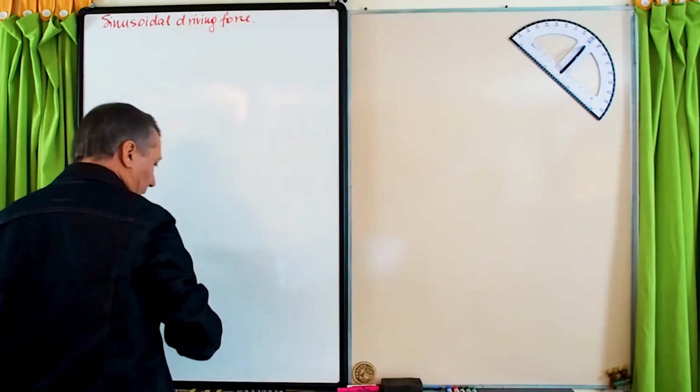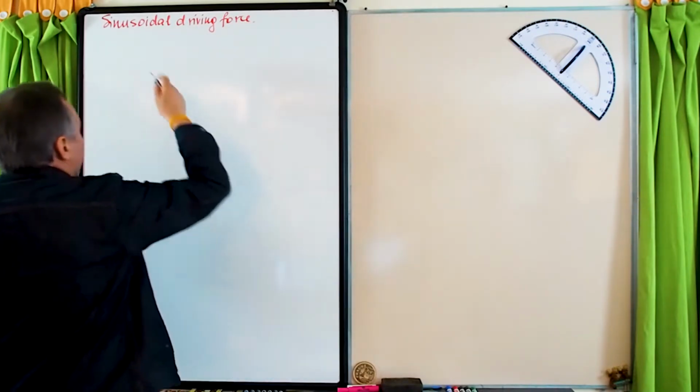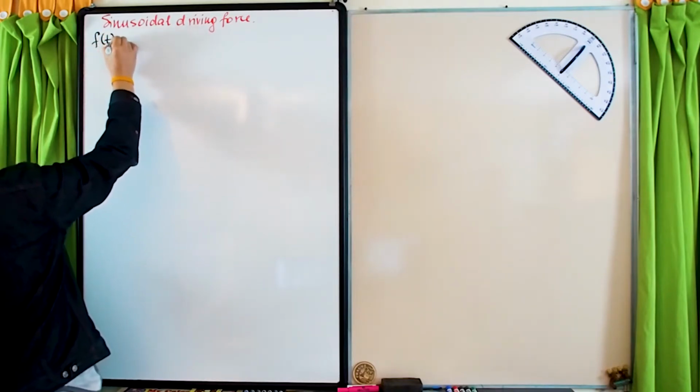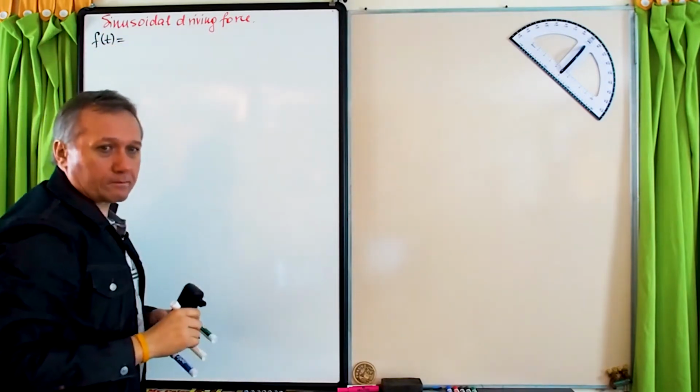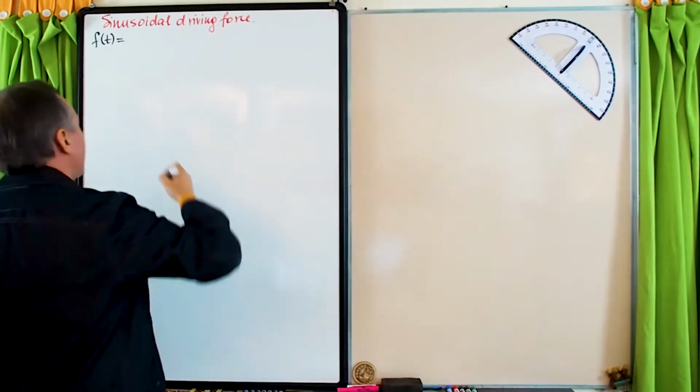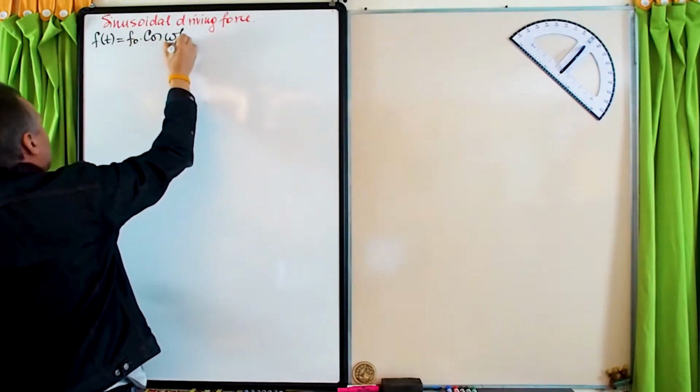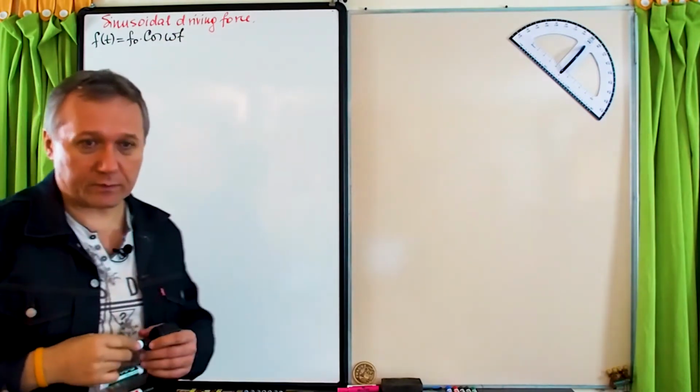So let's assume that our force has this time dependence: F naught times cosine omega t. We've done this at the end of the previous class.